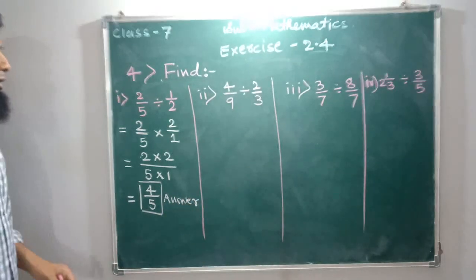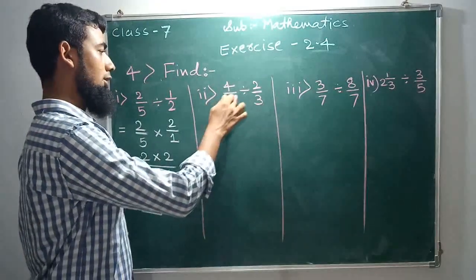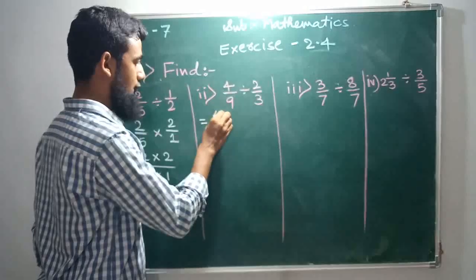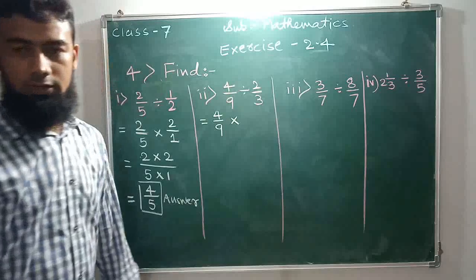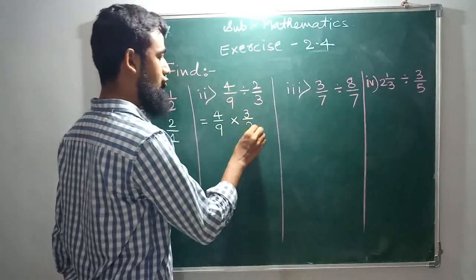Clear? We will move on to question number 2: 4 upon 9 divided by 2 upon 3. So 4 upon 9 multiplied by 3 upon 2.